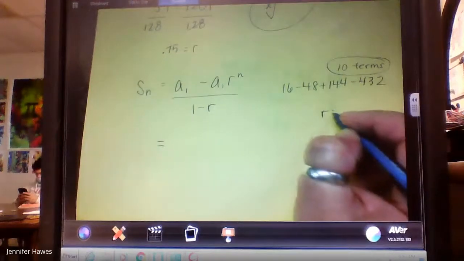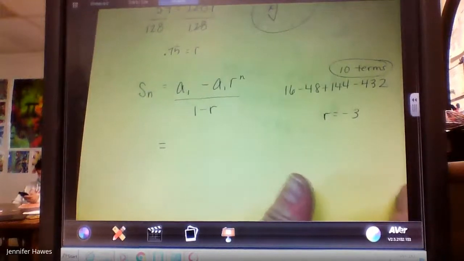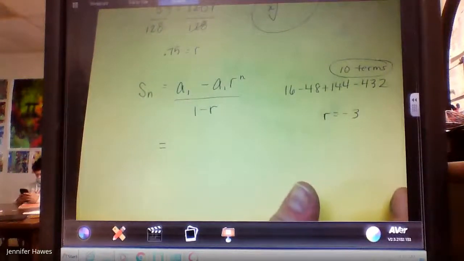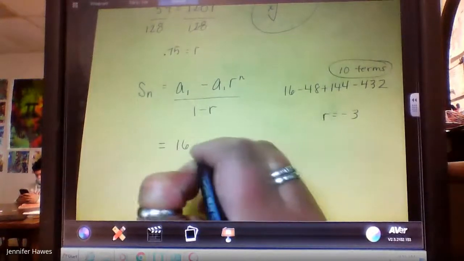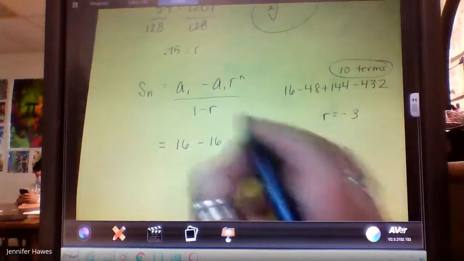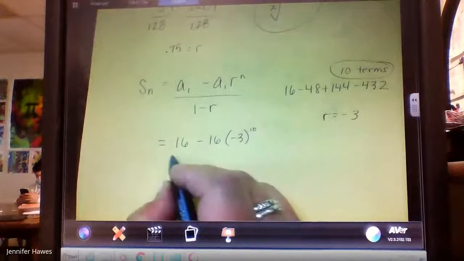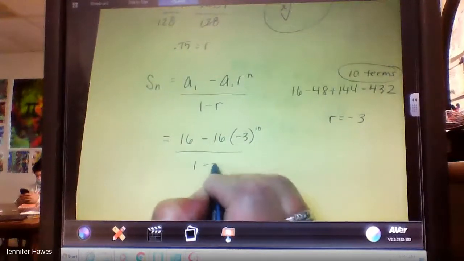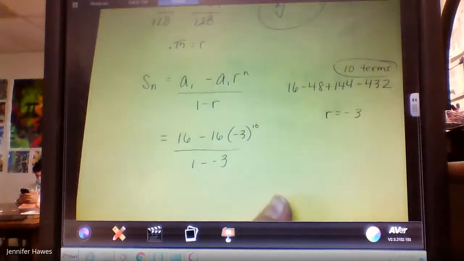Perfect. So my R is negative 3. And like I said, it doesn't matter if you take 144 divided by negative 48, you'll still get negative 3. So first term minus first term times negative 3 to the 10. Okay, because it said 10 terms, so that was my N on there.